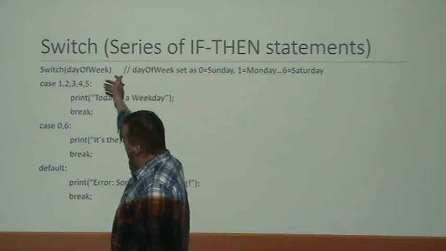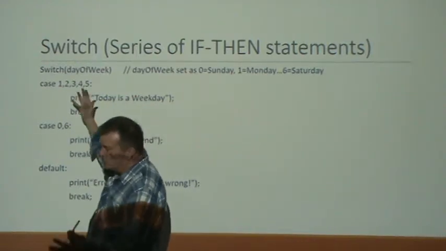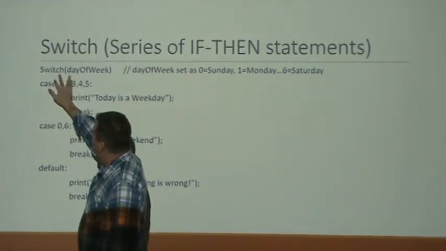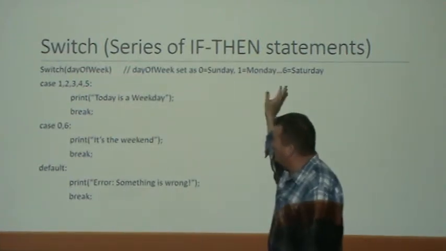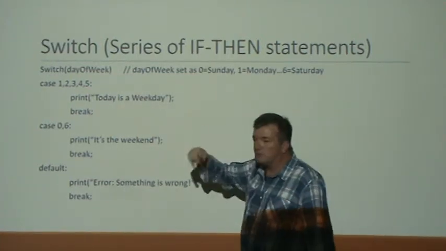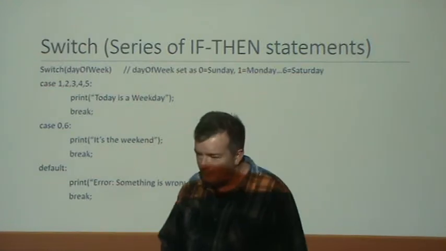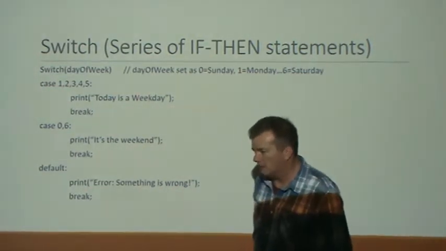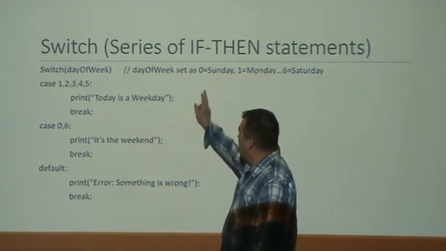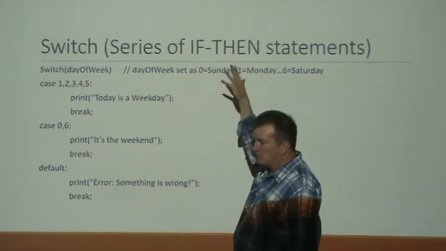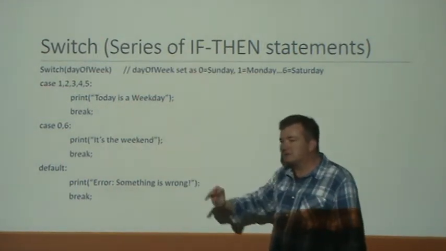So, for example, sometimes it's called switch, and we'd say switch, let's say we have the day of the week is a number between 0 and 6. And let's say Sunday is 0, like JavaScript uses this. Sunday is 0, Monday is 1, Tuesday is 2, all the way up to Saturday is 6.